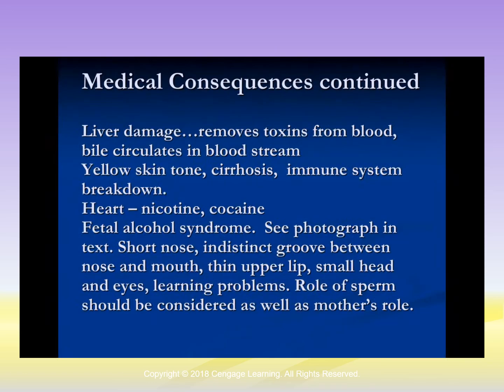It also goes into marijuana and nicotine effect in utero as well. So in addition to the physical symptoms, learning can be difficult. It can result in lower IQ. And not only should we be thinking about the mother's actions of drinking, but looking at the role of sperm as well in that.